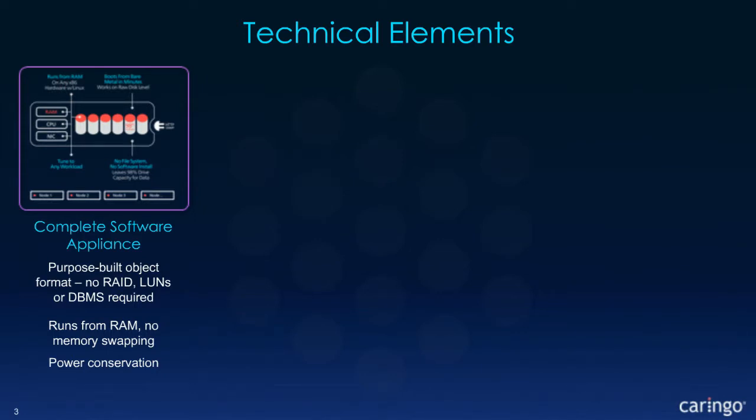Our approach at Caringo has always been to purpose-build a system so that it is very low administration and appliancize it. So purpose-built object devices that don't require RAID, don't require LUNs, or an additional relational database. That brings down the cost of administrating it, and it increases the ease of use. There are certainly other arguments that could be made for going the other direction, but we generally see that adds unnecessary complexity.